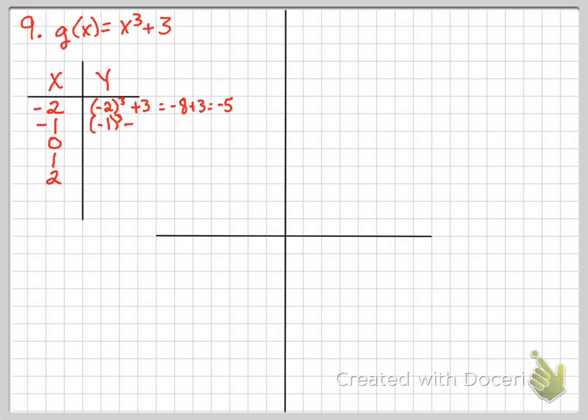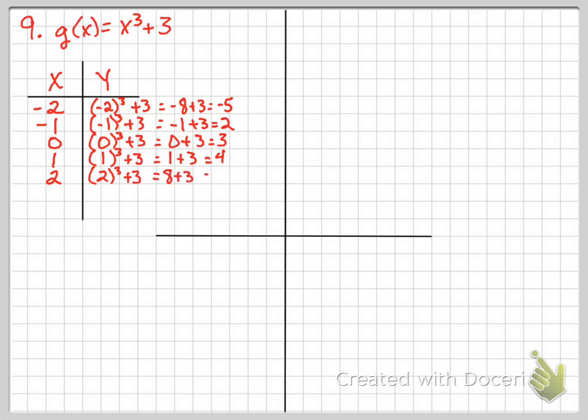Okay, then for -1, that gives me -1 plus 3, which comes out to be +2. 0 cubed plus 3 is 0 plus 3, or just 3. 1 cubed plus 3 gives me 1 plus 3, or it equals 4. And then 2 cubed plus 3 gives me 8 plus 3, which is 11. Okay, plot out my points, connect my dots.